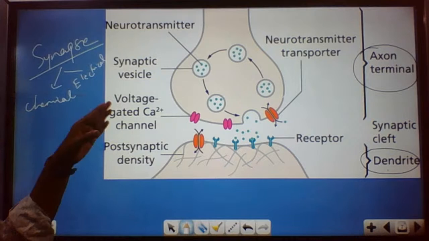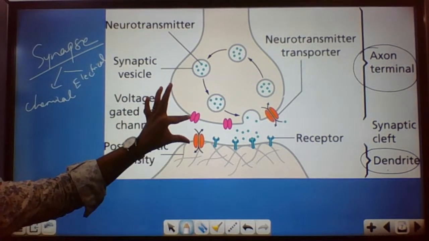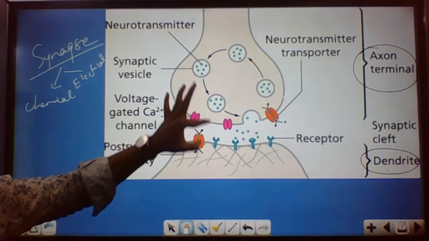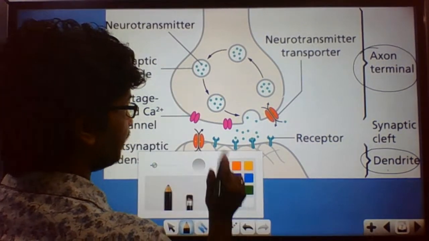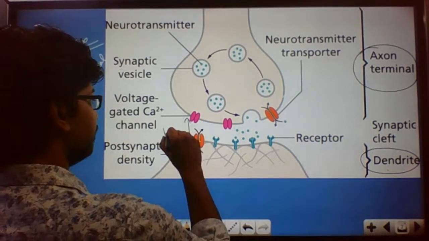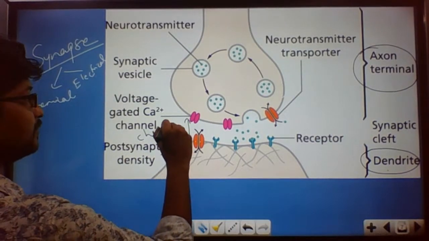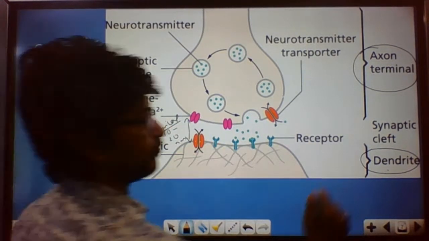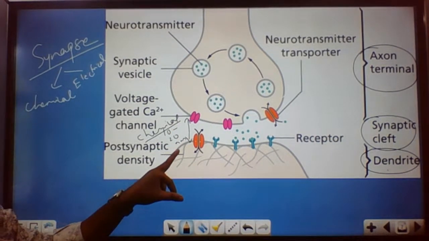So we're going to discuss the difference between chemical synapses and electrical synapses. Coming to the chemical synapse, based on the cleft, the gap between your axon and the dendrite, the difference that you could see in chemical synapses is 10 to 20 nanometer.